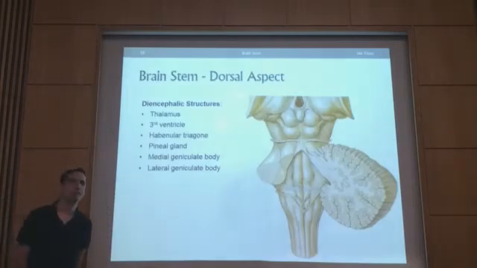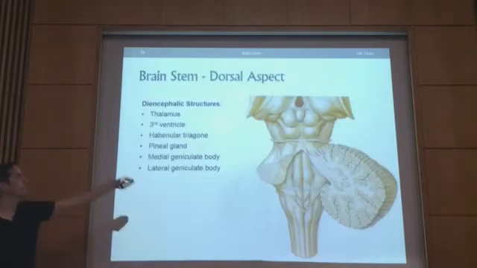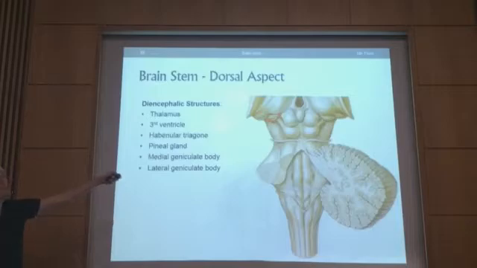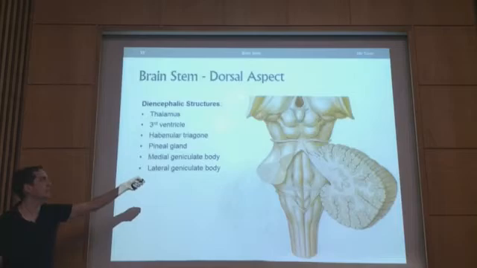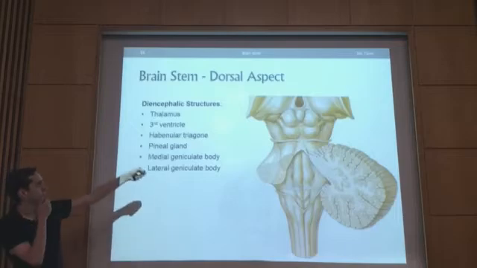A few other diencephalic regions we can see in here. We can see the lateral and the medial geniculate body. These two nuclei I mentioned before. So these are nuclei of the thalamus. The lateral geniculate body is a part of the visual system, and the medial geniculate body is a part of the auditory system. And they are very clear.